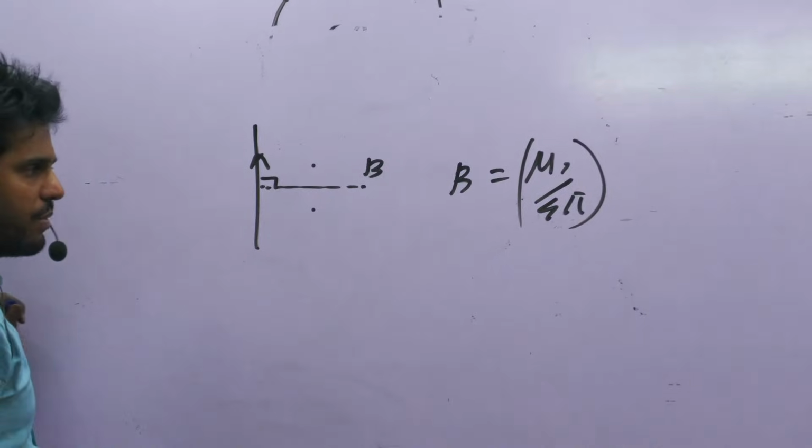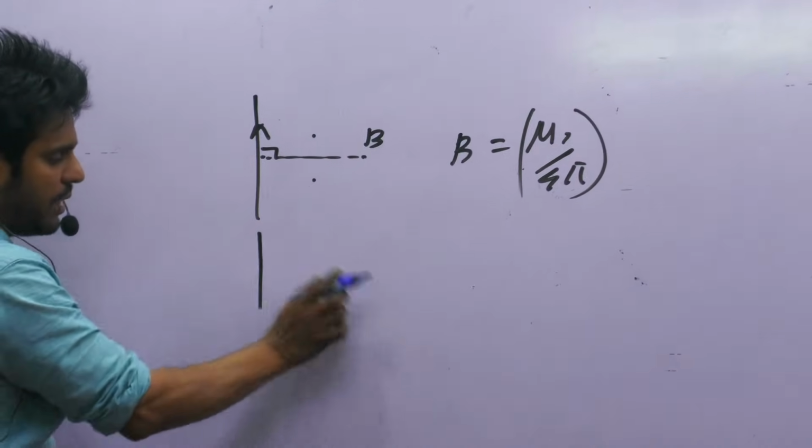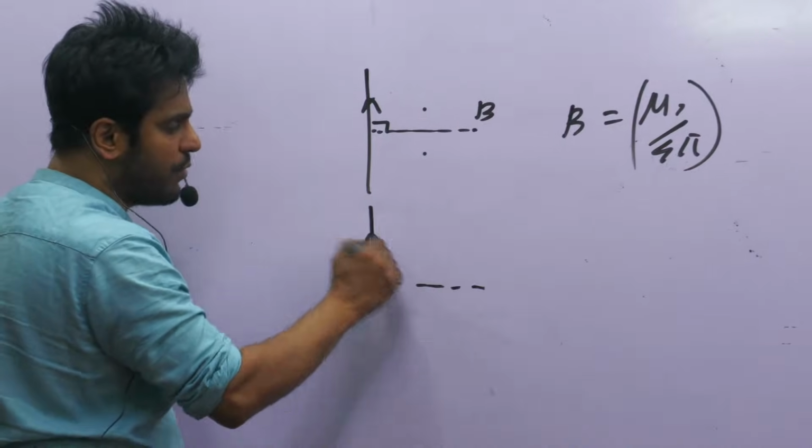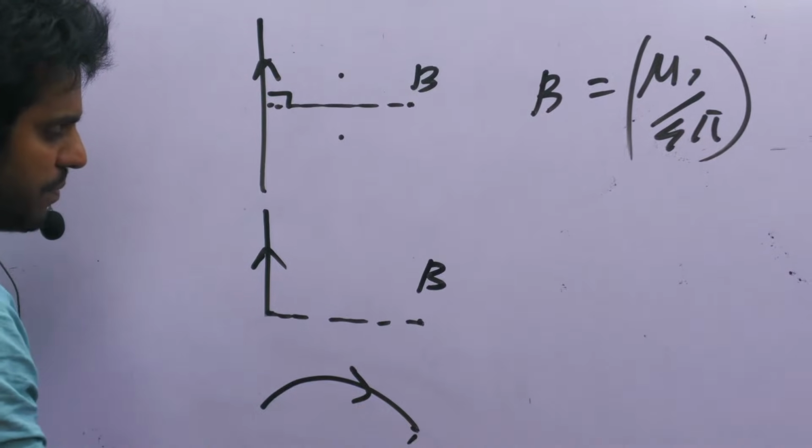I will write it after drawing this. Next one, when the current exists on one side from the necessary point. Next one, when the wire is bent.